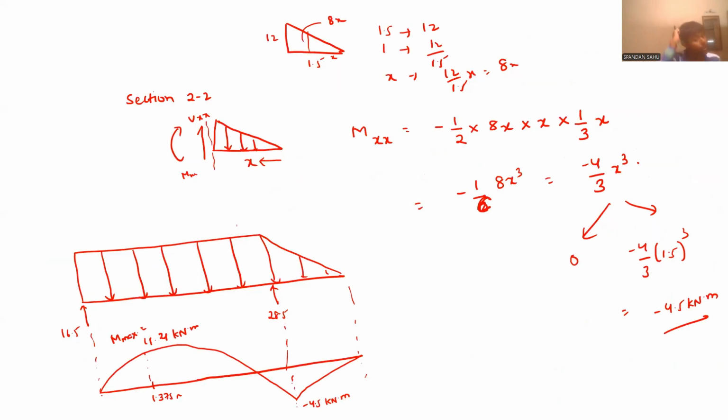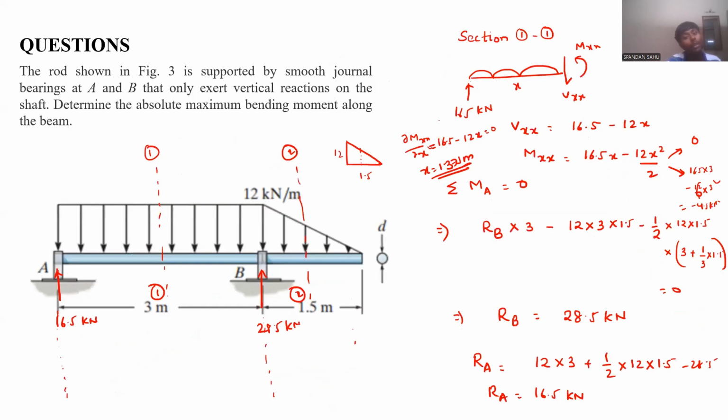Okay. And we are getting M max to be 11.25 kilonewton meter when we substitute this x equal to 1.375 meter in this first equation of Mxx for section 1. Correct?